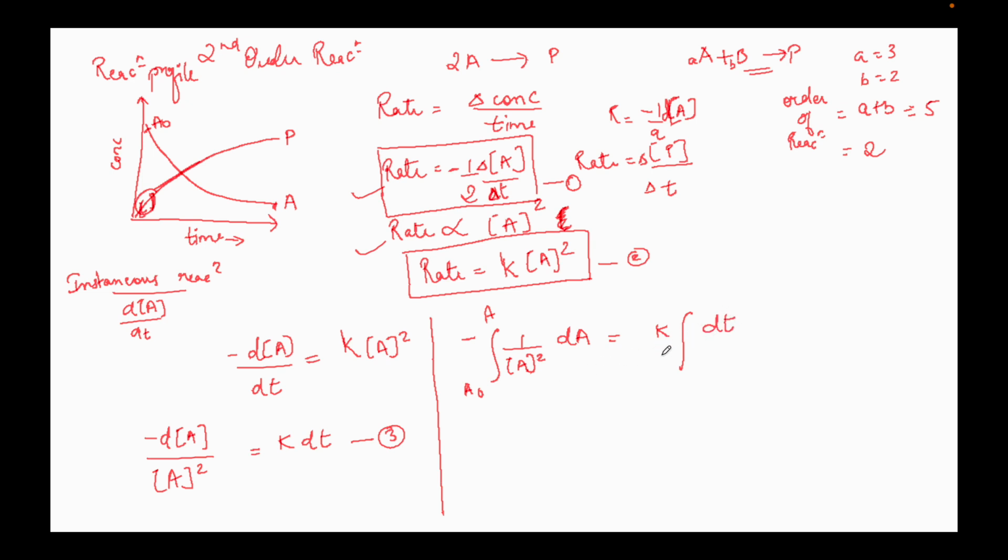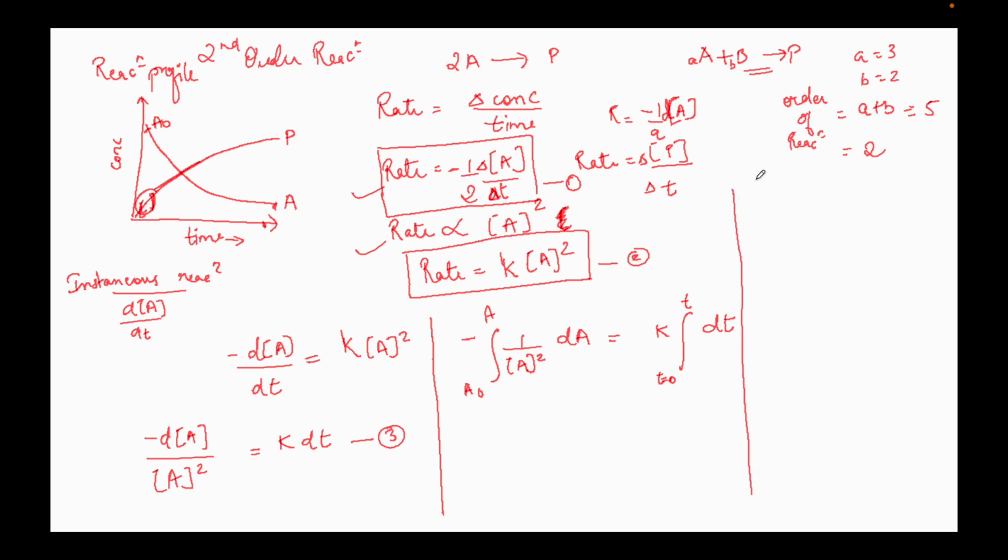Okay, and here t is equal to 0 and there will be a time t, whatever the last time point will be. These are the limits of a reaction. So the very initial limit is A0, final is A, the concentration of reactant. And t0 is the initial time and till time t, whichever will be the particular time.